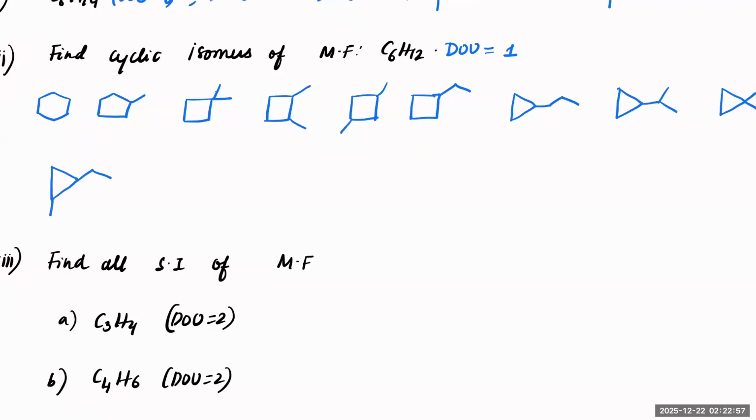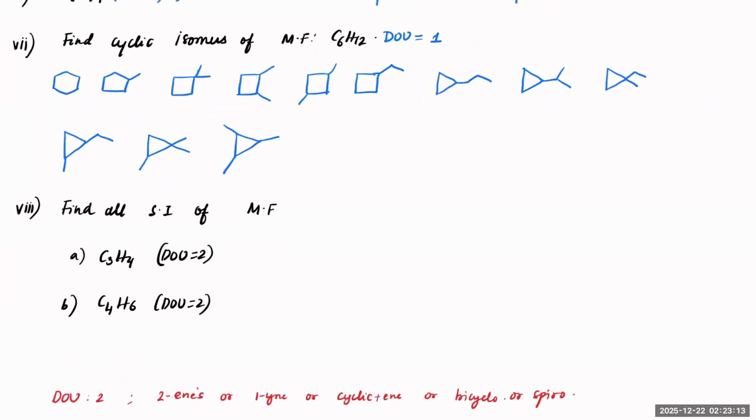Ethyl and methyl positions are changed, correct? Thereafter, I can have two methyls and one methyl open like this. And finally, I can have all three methyl groups on three carbons. Please check. I have exhausted all the possibilities now.